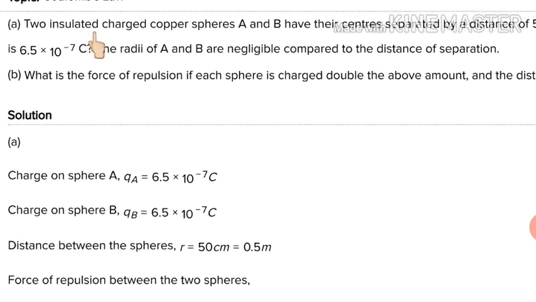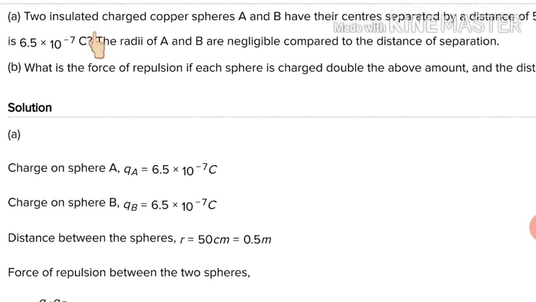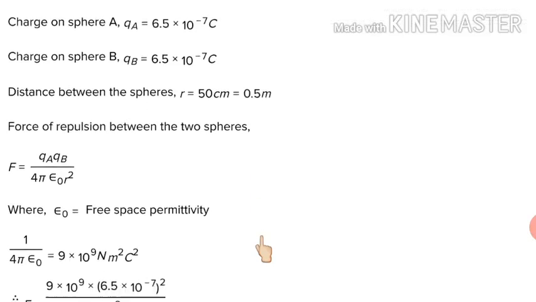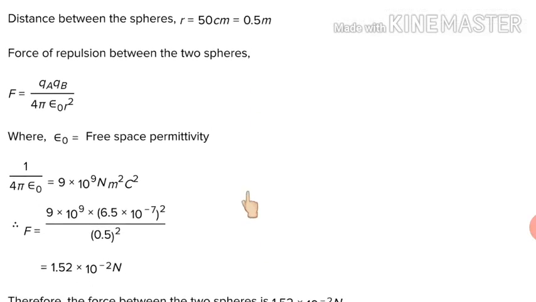For that we can use Coulomb's law. QA is given, QB is given, and the distance between them, 50 centimeter, when converted into meter is 0.5 meter. According to Coulomb's law, F is equal to QA QB upon 4 pi epsilon naught R square, where 1 upon 4 pi epsilon naught is a constant with value 9 into 10 to the power 9.